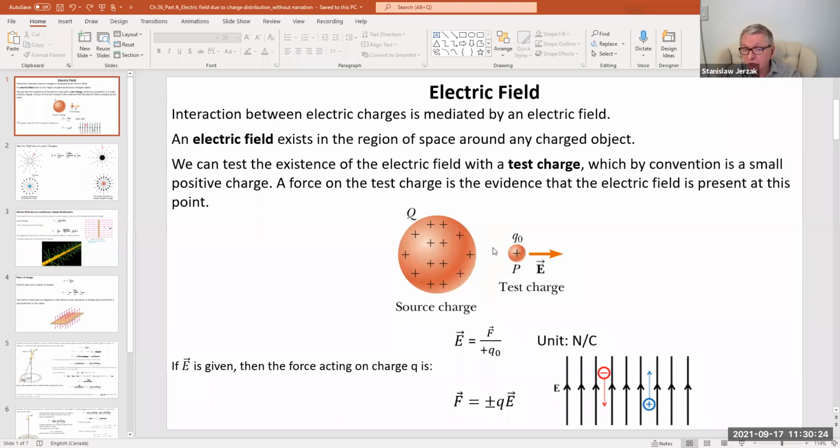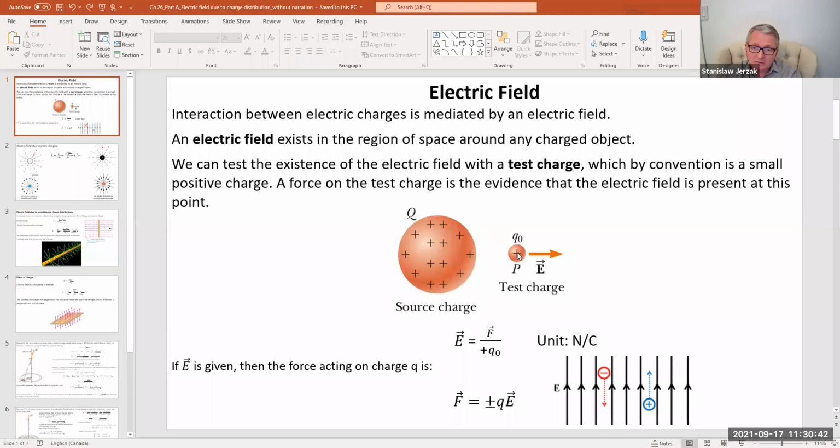By Coulomb's law, these two charges repel, and there will be force acting on Q0 along the line connecting these two charges. And that force will be large if the electric field is large, and of course, if charge Q0 is large as well.